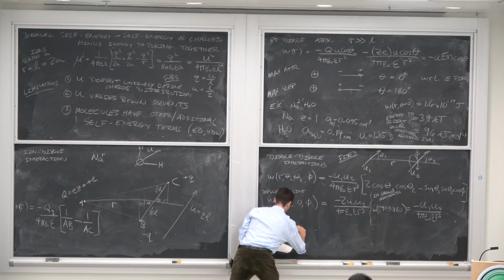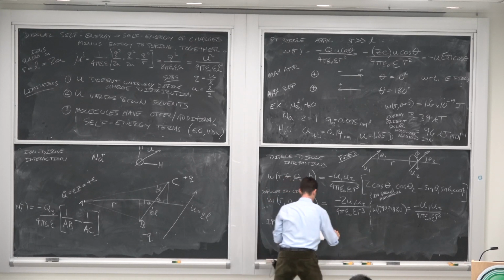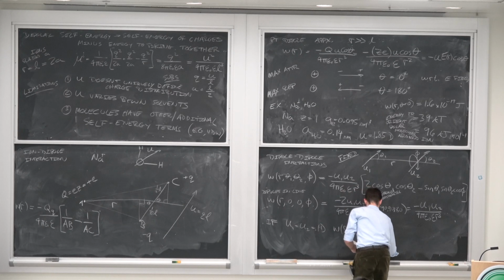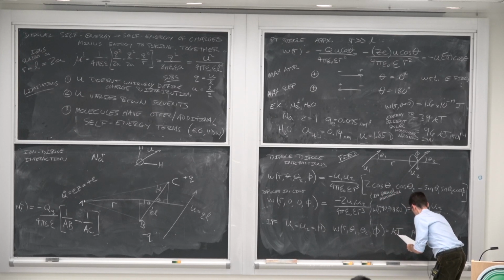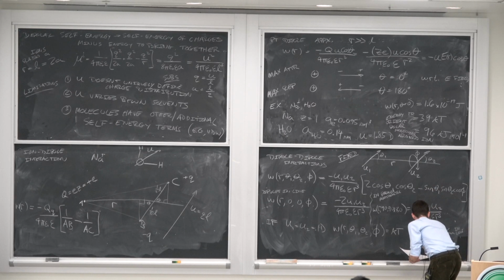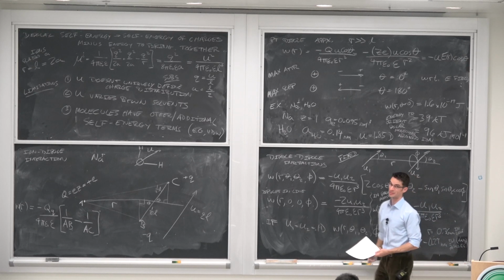So if U1 equals U2 equals 1 D, then W of R, theta 1, theta 2, phi equals 1 kT at R equals 0.36 nanometers in line, or R equals 0.29 nanometers in parallel, which again is really anti-parallel.